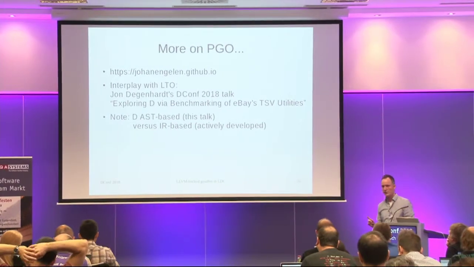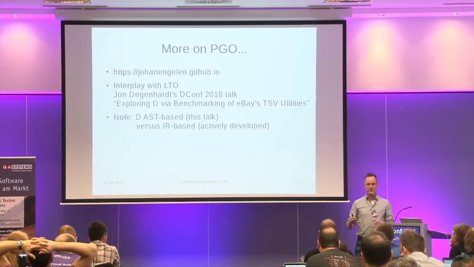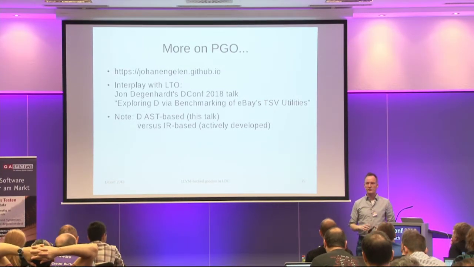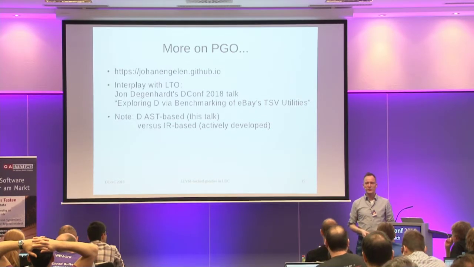And then a final note, all of this that I've shown is done in this instrumentation, and the calculations are done in LDC. It's based on the D AST. A year after I made this, actually already while I was working on this, people in LLVM were working on something else, which is doing this stuff on the IR level.